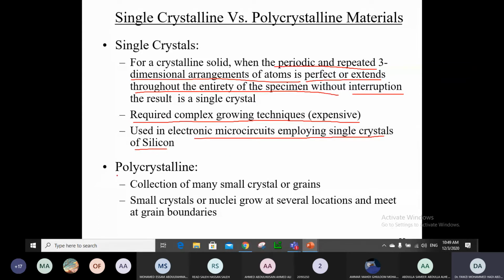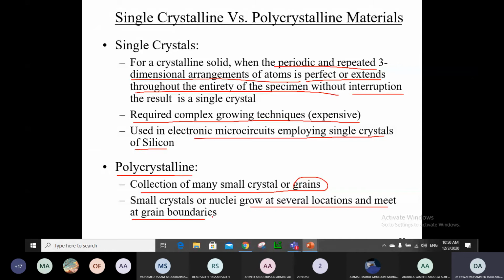On the other hand, polycrystalline material is a collection of many small crystals or grains. A crystal is a synonym for grain as well. Small crystals, or nuclei, grow in several locations and meet at the grain boundaries. The grain boundaries distinguish the grains from each other.